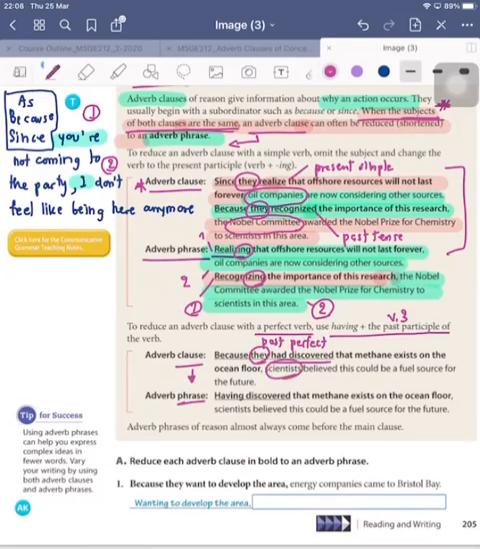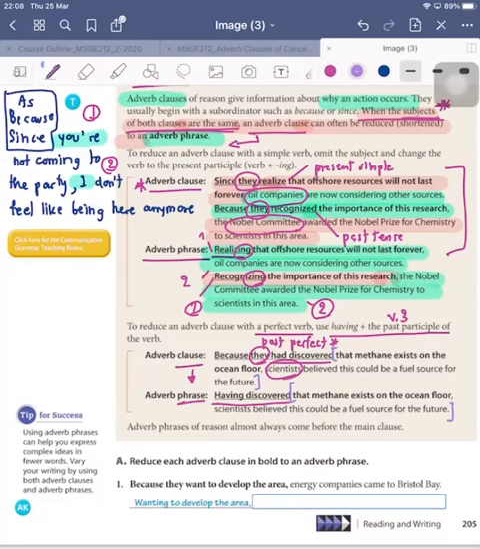So you can, of course, reduce the form, okay? But instead of saying discovering, this is past perfect we're talking about, so you have to change it to having discovered. And then this part here to the end stays the same.